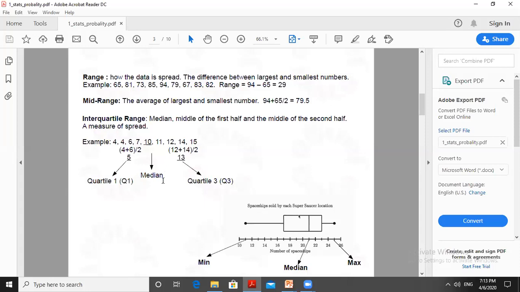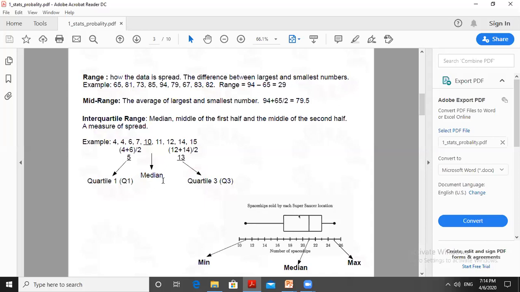Again, the left half is divided into two halves. The left half has only 4 data points, so the median of the left half is the average of two values, 4 plus 6 by 2, that is 5. That is called quartile 1, Q1.